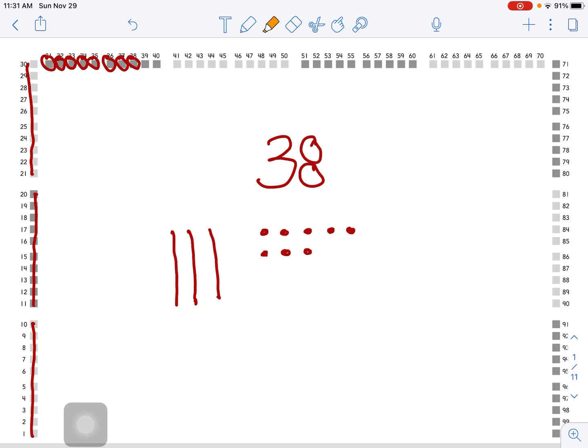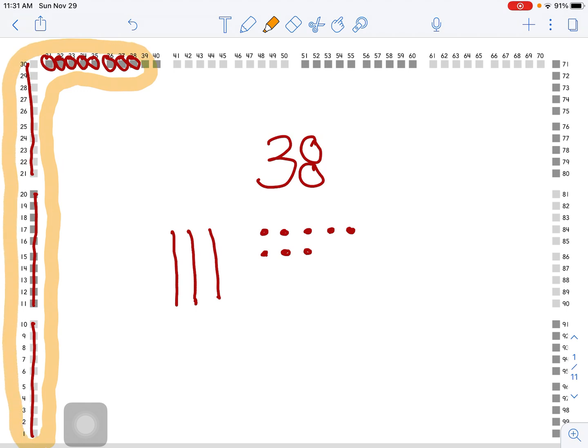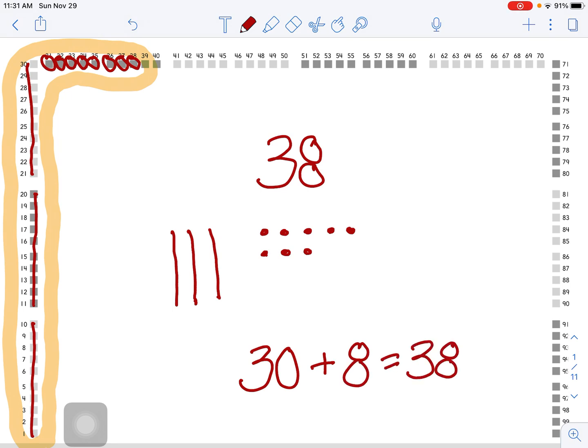That's right, we found the 38 over here. 10, 20, 38. All of those it took to make our 38. And now we're going to write that out in our expanded form, or our equation, and it's going to be 30 plus 8 to equal 38. Hopefully that was a quick little review for us.